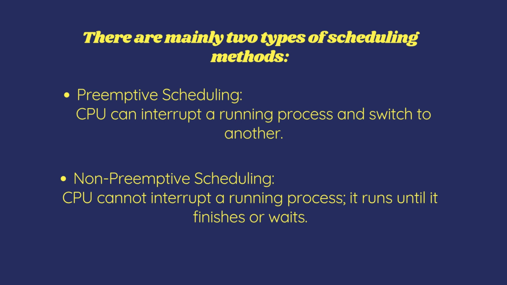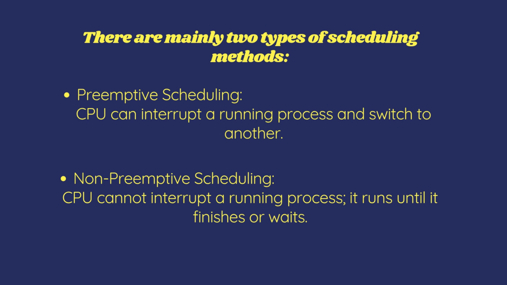Preemptive scheduling is when the CPU can interrupt a running process and switch to another. For example, if you're playing a game and your phone receives an urgent call, your game pauses automatically. That's called preemptive.